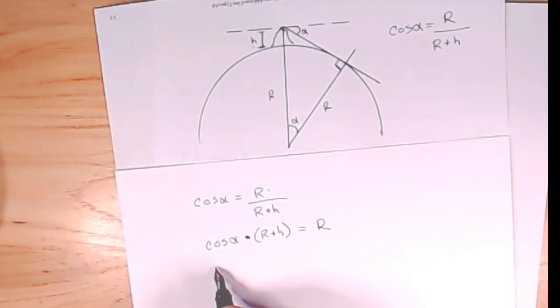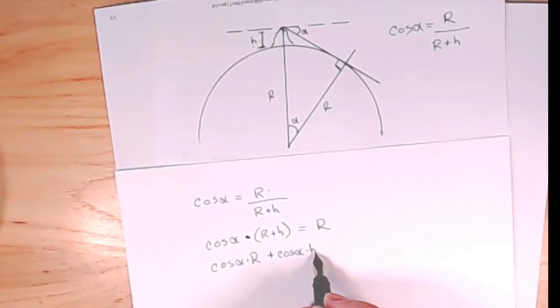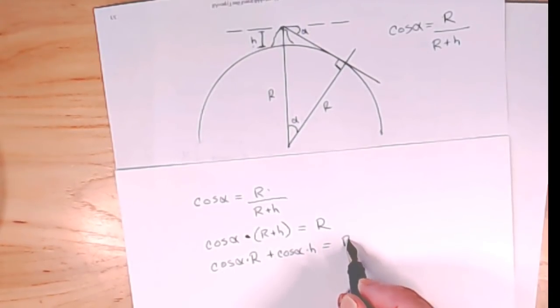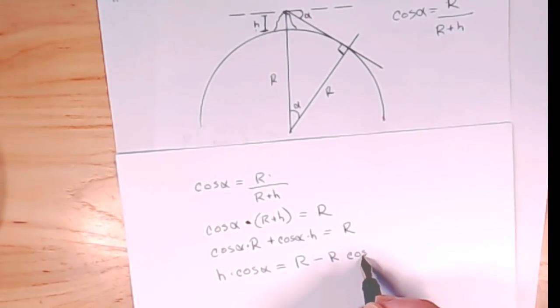That also means that cosine alpha times r plus cosine alpha times h equals r. So h times cosine alpha equals r minus r cosine alpha.